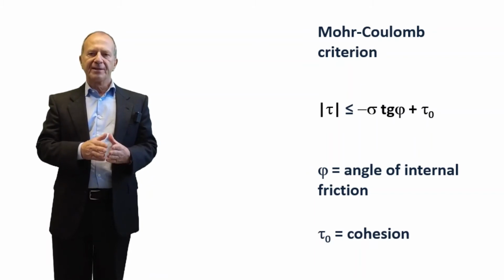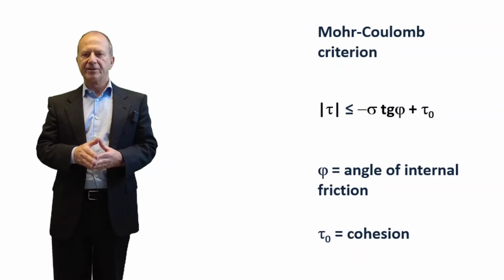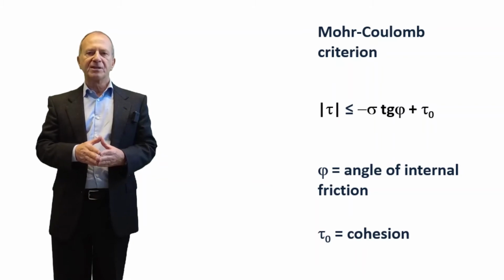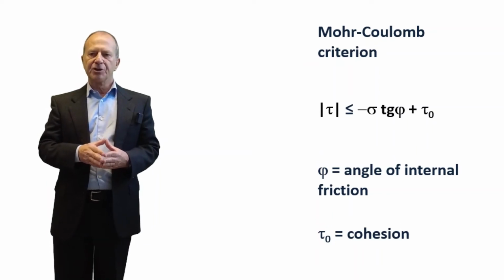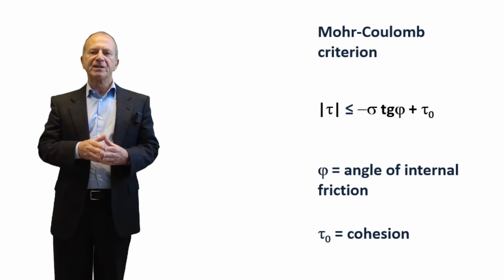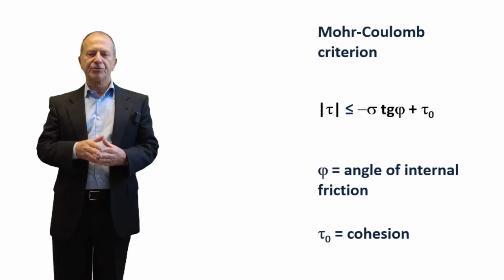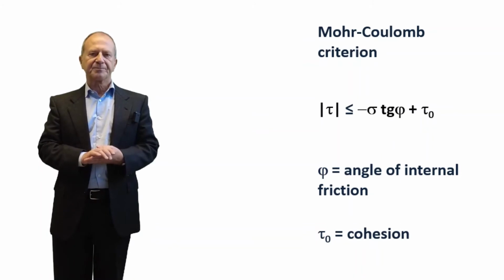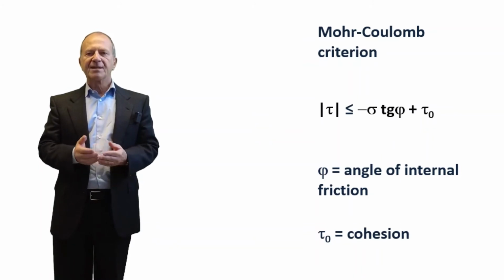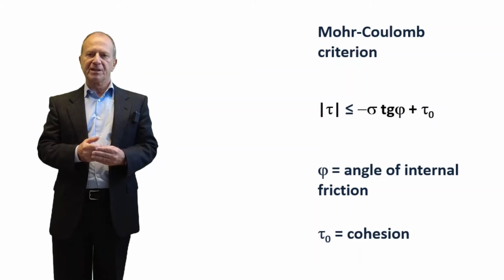If we compare this expression with Coulomb's criterion, we will note a minus sign coming from the fact that compressive stresses are negative, and a non-zero cohesion which was added because most materials can withstand shear stresses even if no compressive stress is applied. Sand and gravel are examples of cohesionless materials with tau 0 equal to 0.